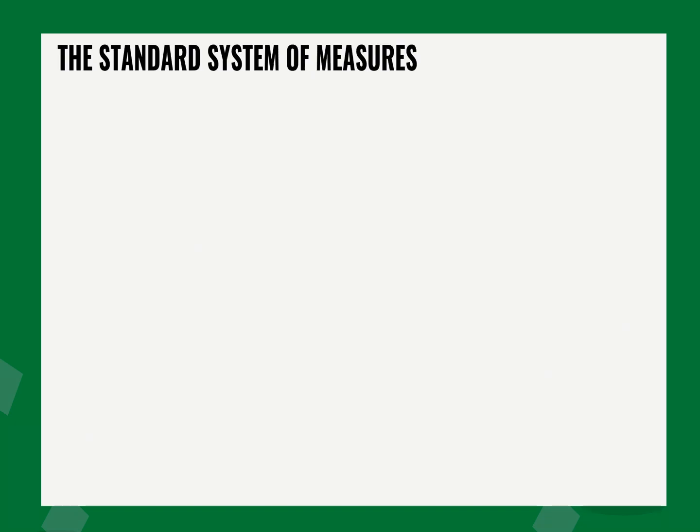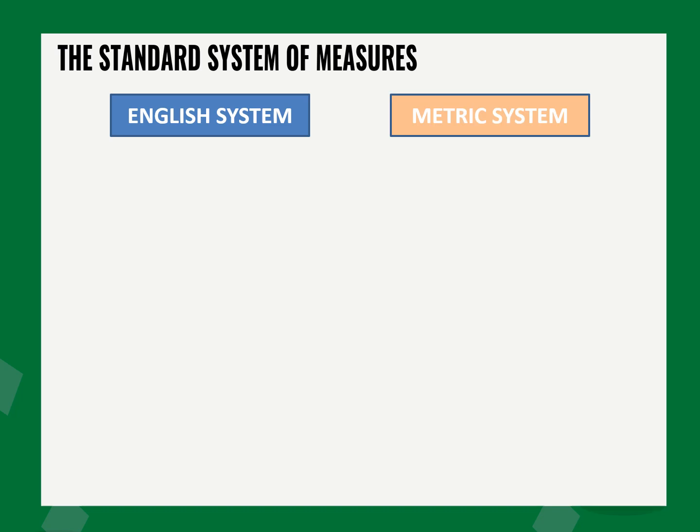As time passed, the system of measurement developed further. The two standard systems of measurement were the English system and the metric system. The English system of measurement is based on the British imperial system.